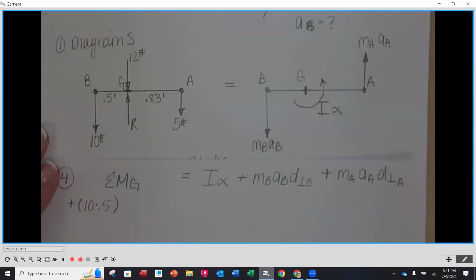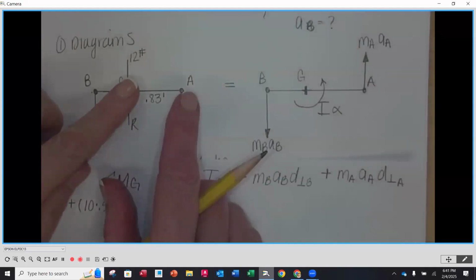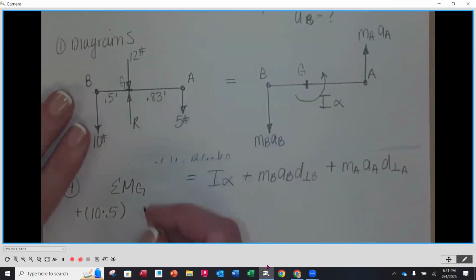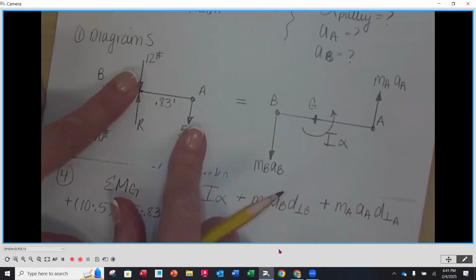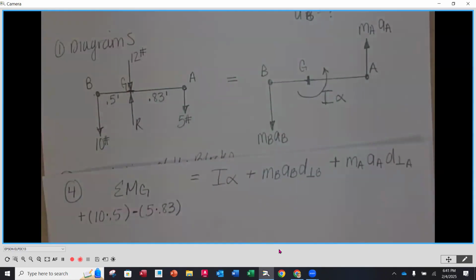It's going counterclockwise. We don't include the 12 pounds in a moment equation because the 12 pounds and the reaction are going right through the center here, so not included. But the other offset force is at A, the 5 pounds going down. So it's going to be 5 times 0.83, and it is going to rotate clockwise, so we're going to put a minus out front here.